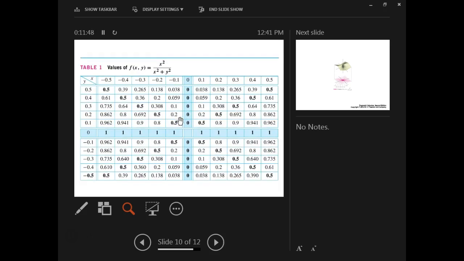All right, here's the function. F of xy is equal to x squared over x squared plus y squared. I'm going to have to reduce it in order to write on it.